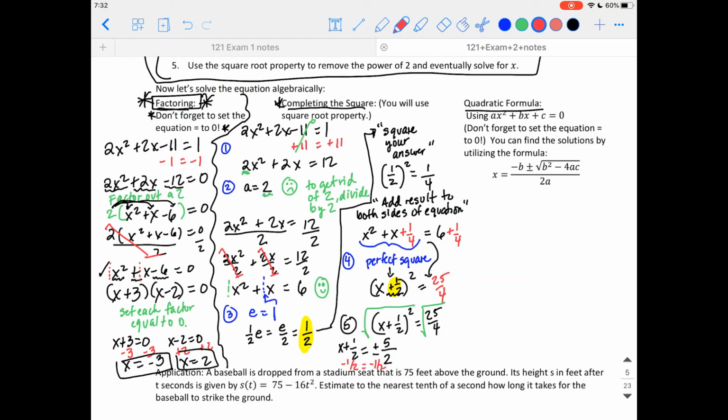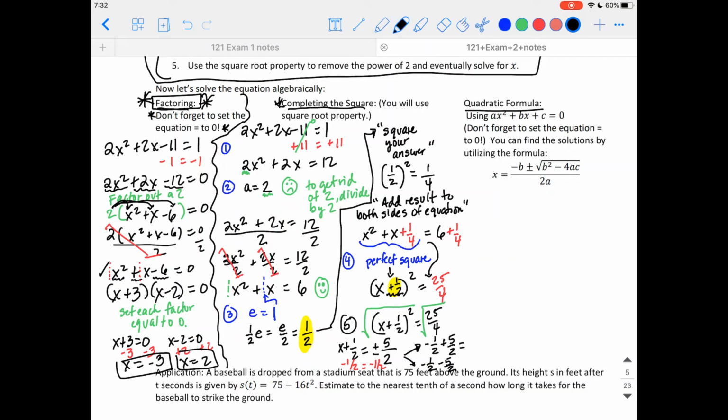Oh, this is getting ugly. I apologize. So you need to realize here that there's two answers. It's going to be negative a half plus 5 halves. And the other one is going to be negative a half minus 5 halves.